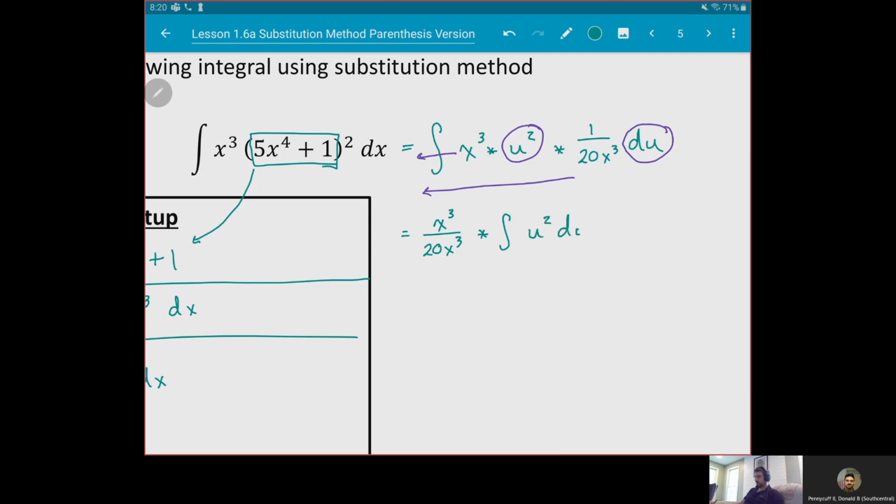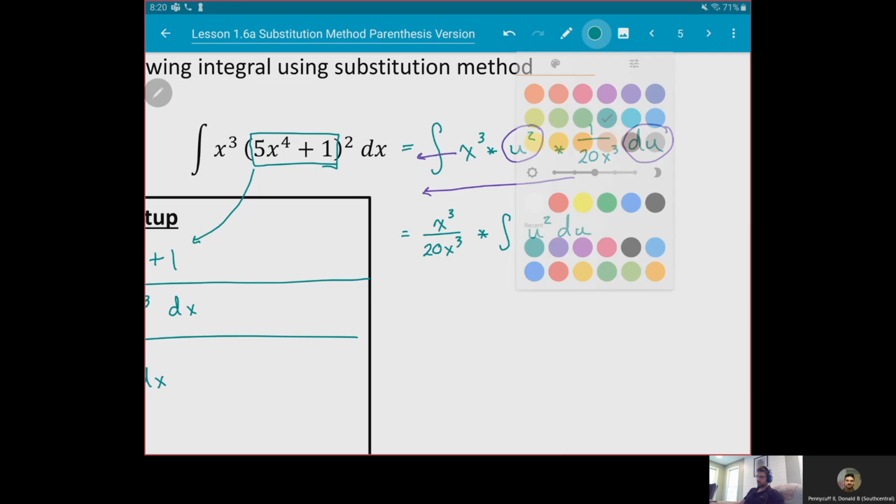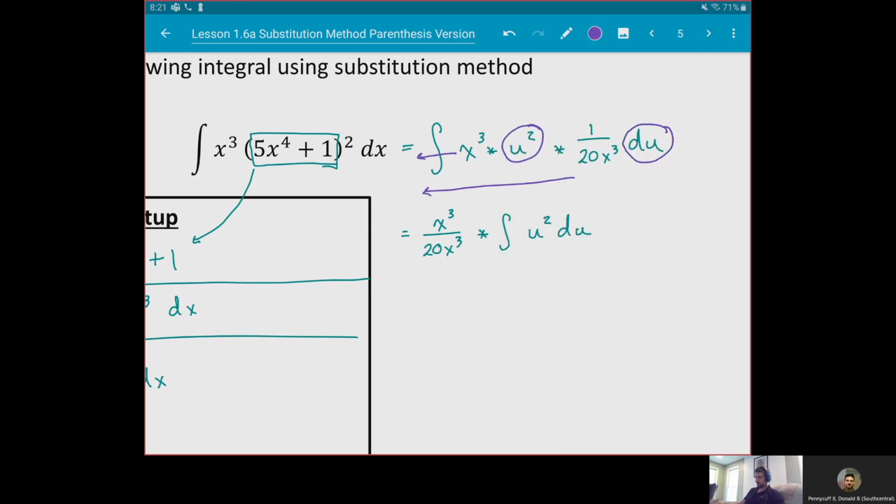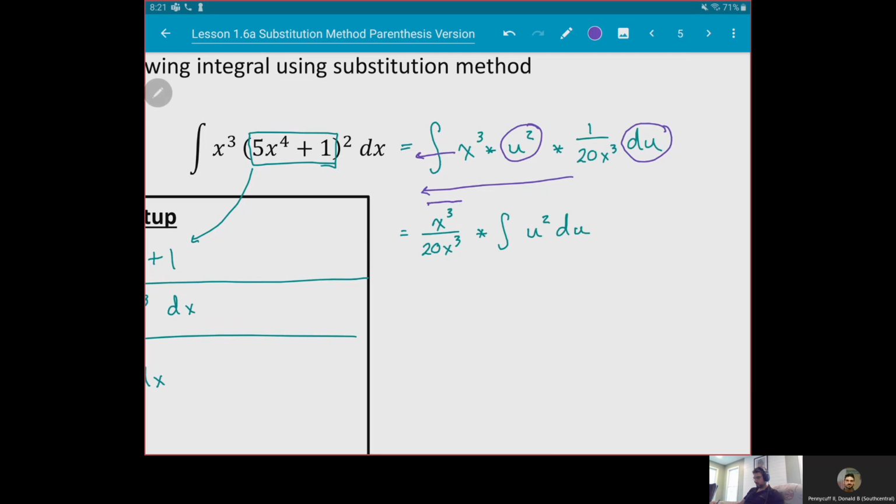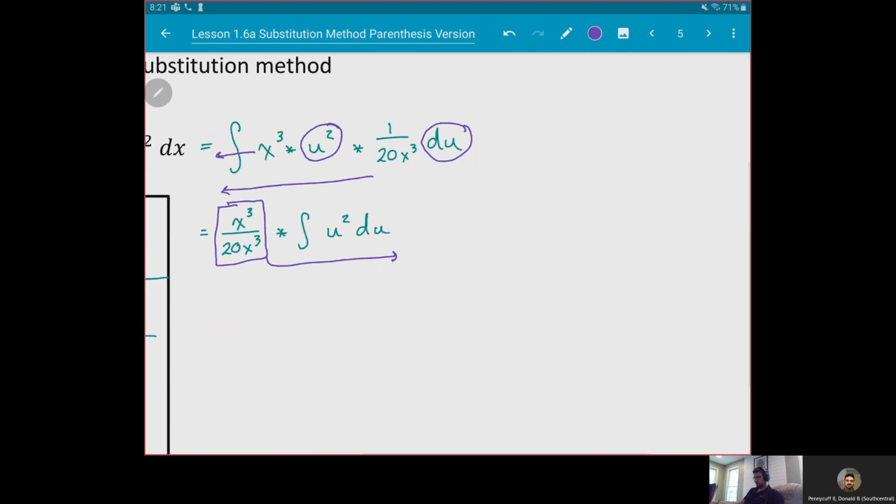Now, I also want to stop right here because this is something that I do want to write something about. Let me go over here and write a sentence.